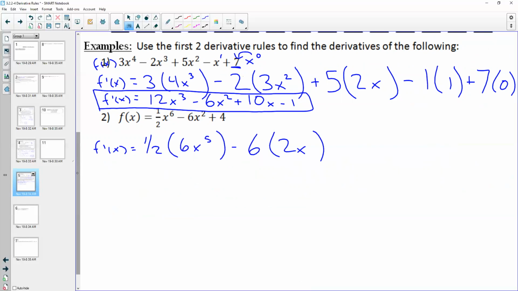And the derivative of just a number is going to be 0. Okay, so now we can distribute in, or simplify this. So 1 over 2 times 6 will be 3x to the 5 minus 12x.